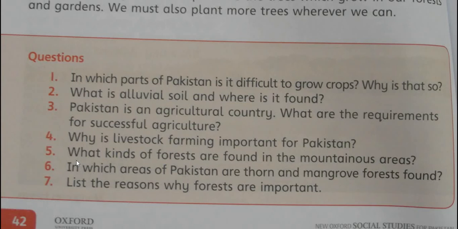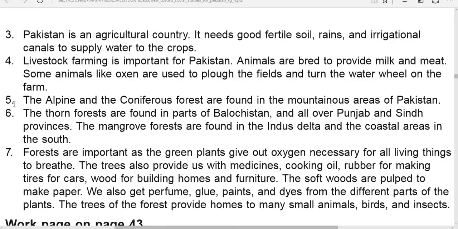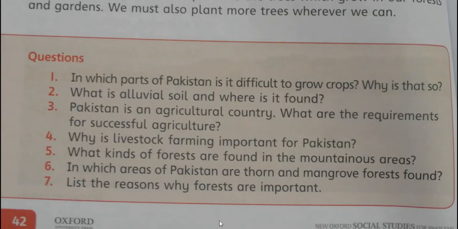Question number 5. What kinds of forests are found in the mountainous areas? And its answer is the alpine and the coniferous forests are found in the mountainous areas of Pakistan. This is the answer of question number 5.